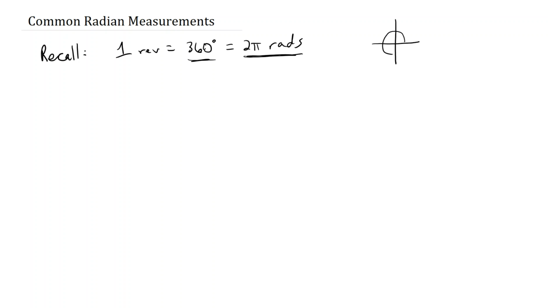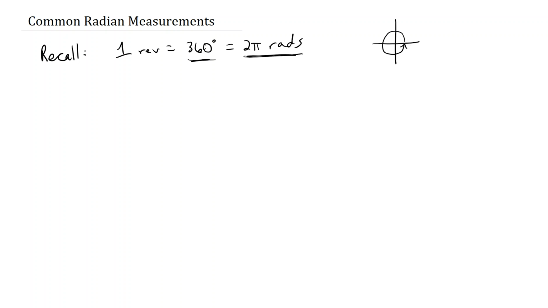So what I want to do first is recall the relationship between degrees and radians. So 1 revolution in degrees is 360 degrees, but in radians is 2 pi radians, okay? So 360 degrees is the same thing as 2 pi radians. So that's a full revolution.